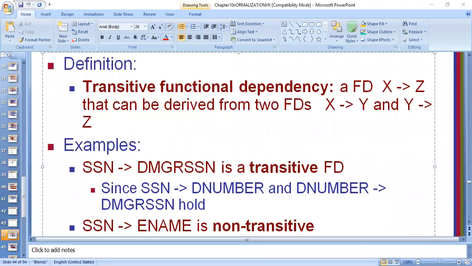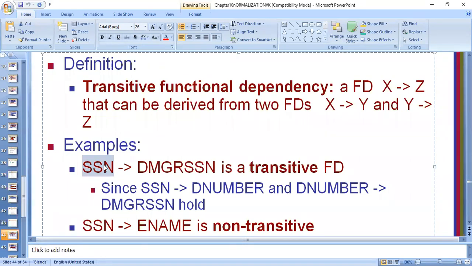Now let us look at the table. Suppose there is a table, with the attribute SSN. What is the SSN attribute? Social security number of every employee. It is the same as employee number. Now, one employee has got a manager. Every employee is managed by some manager.